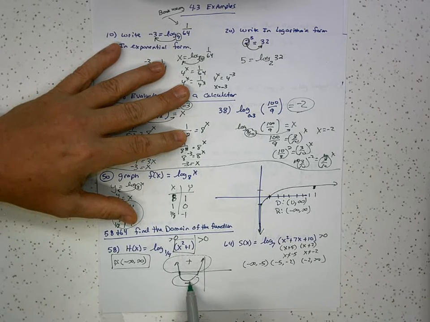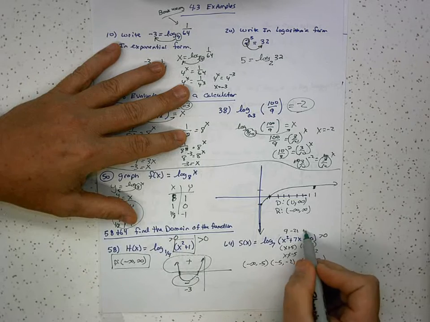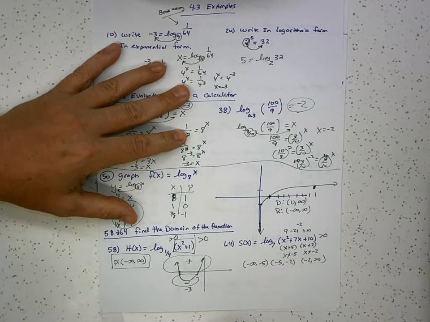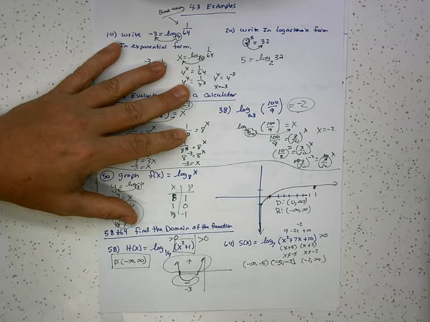So let's check one of those. Let's check when x is negative 3. That's between these two. If x is negative 3, I get 9 minus 21 plus 10, which is negative 2. Can I take the log base 7 of negative 2? No, I can't, because it has to be greater than 0. So by thinking of the graph, I'm able to look at this and go, oh, these don't work.